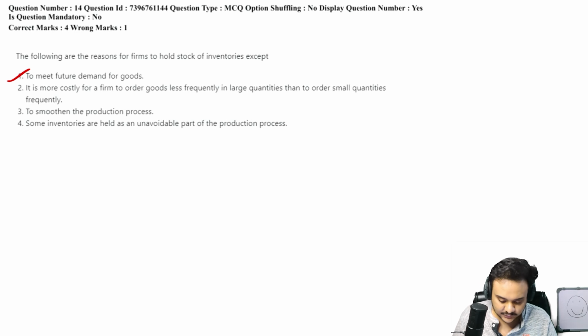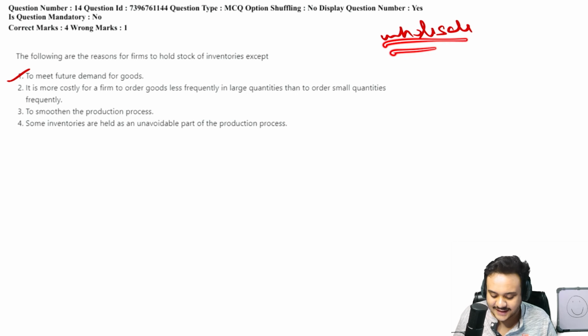Look at it. It is more costly for a firm to order goods less frequently in large quantities than to order small quantities frequently. You have heard of wholesale; everybody knows what wholesale is, right? You get the goods for a cheaper price if you order a large quantity in just one order.